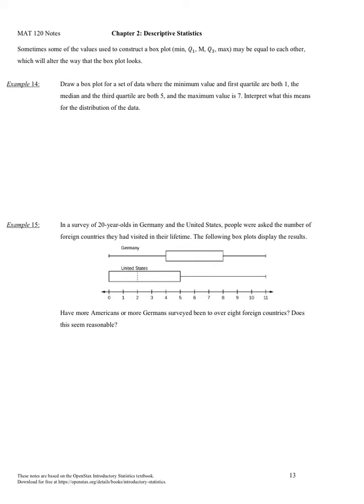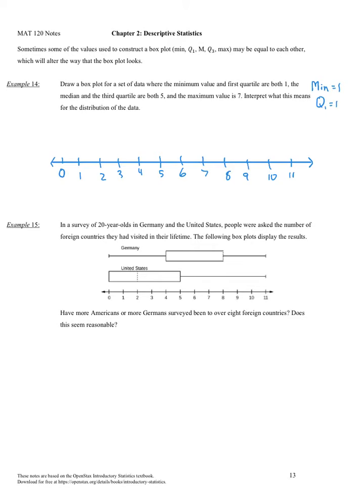Moving on to our next page, sometimes you're going to notice that some of our values in the 5-point summary might be equal to each other, and that's going to alter the way the box plot looks. For instance, let's draw a box plot where the following values hold true. For our 5-point summary, remember, our min is 1, but so is our Q1.